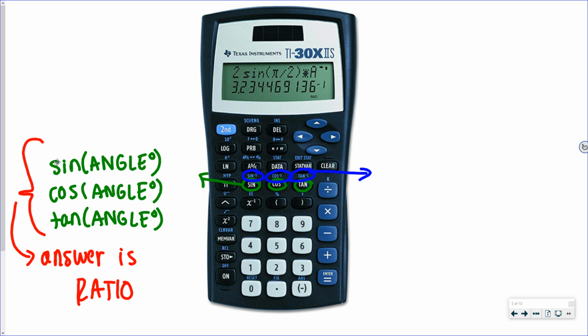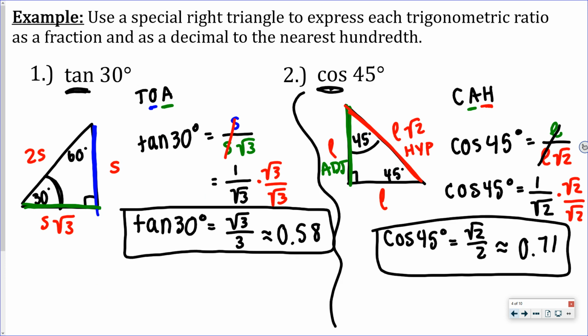Okay. But we need to use our calculators for some of these problems. We're going to try a couple in a minute. So anytime you're using those buttons, what you type in after sine, cosine, and tangent is the angle measure. And what you get out is the ratio. All right. Let's try one.